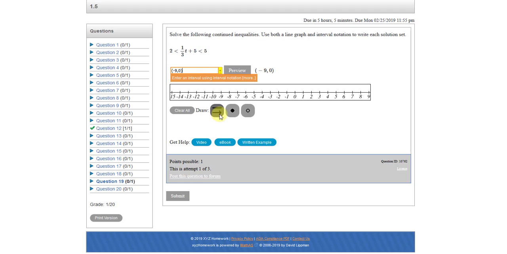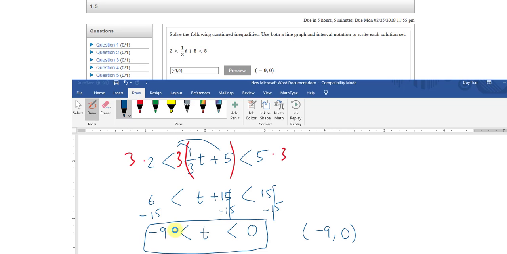And you just want to go from -9 up to 0. Okay, we see that we don't have the equal sign between -9 and 0.